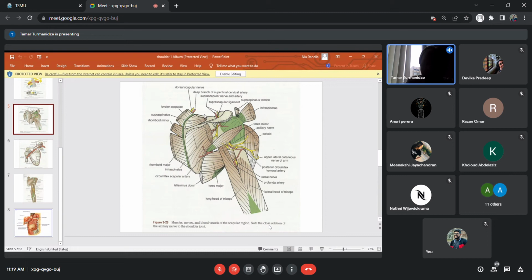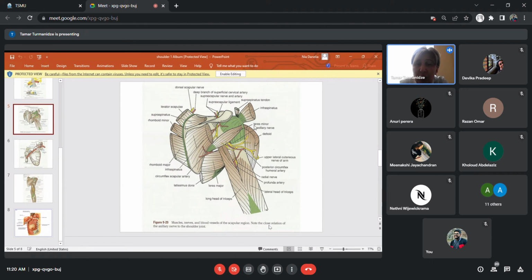The main vessels and the nerves of this region, which provide innervation and blood supply of these tissues, are suprascapular artery and suprascapular nerve. Deltoid region corresponds to the location of the deltoid muscle, which covers the shoulder joint.